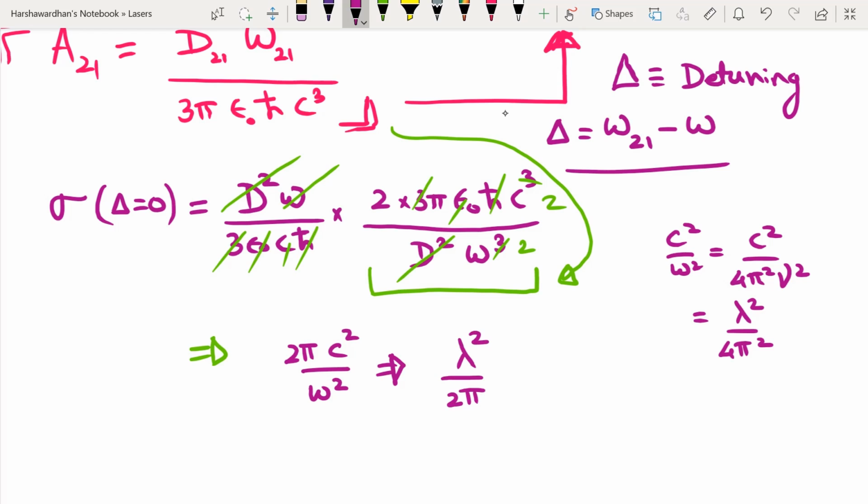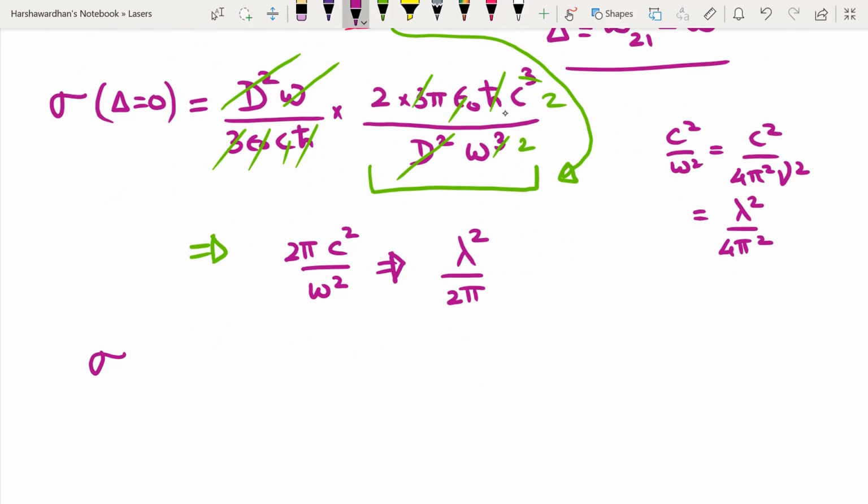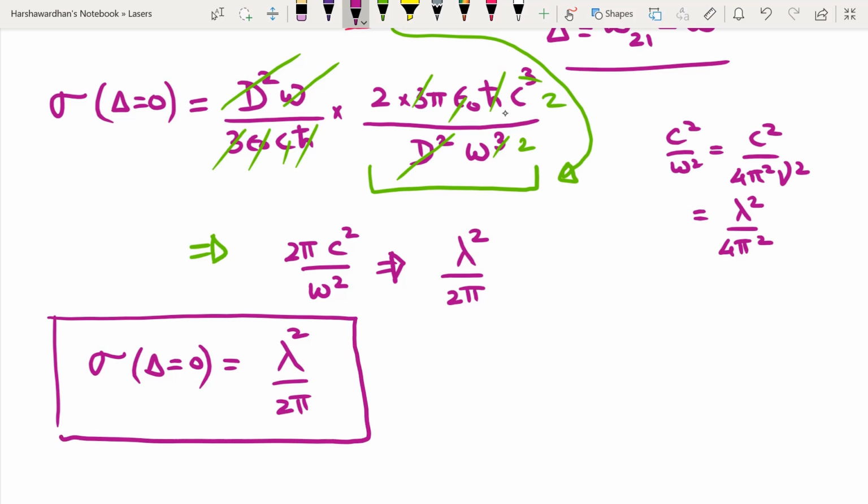So this is quite a fantastic result. What it is telling you is that the maximum cross section you get is independent of the atom. What matters is the size of the wavelength. Now let's understand this.